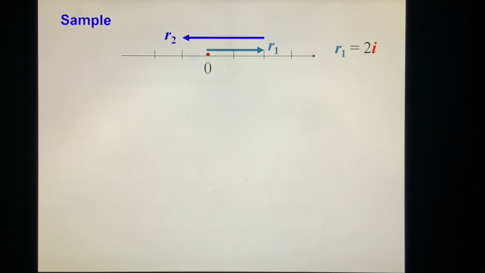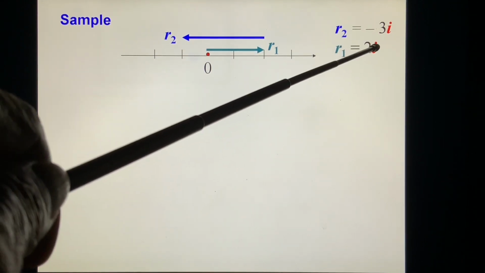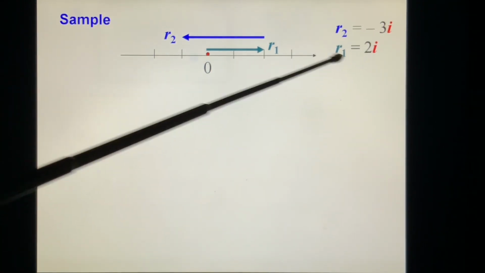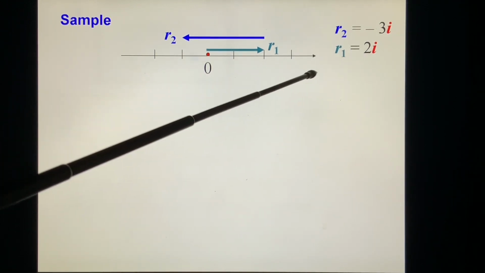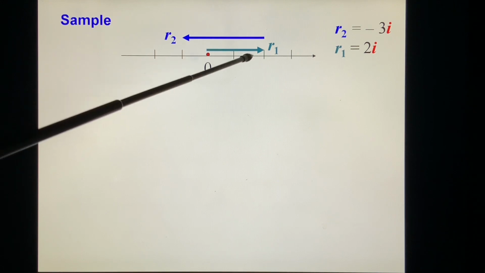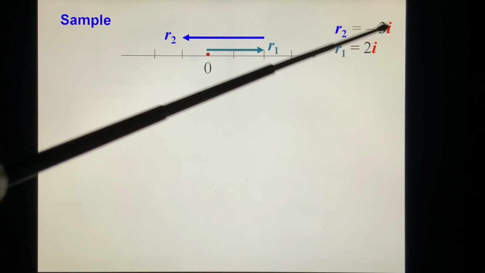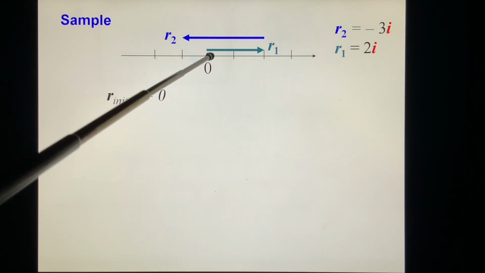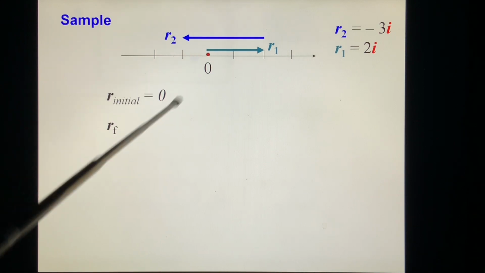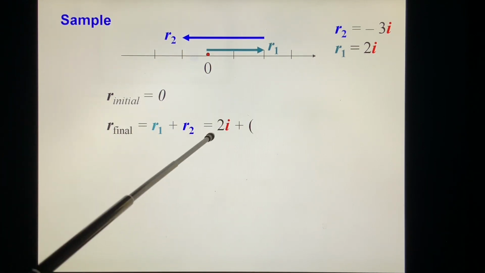So r1 is 2i, where i is the unit vector along the x-axis, in this direction. r2 is minus 3i. Then r initial is 0. In 2 seconds, r final is r1 plus r2, so 2i minus 3i.